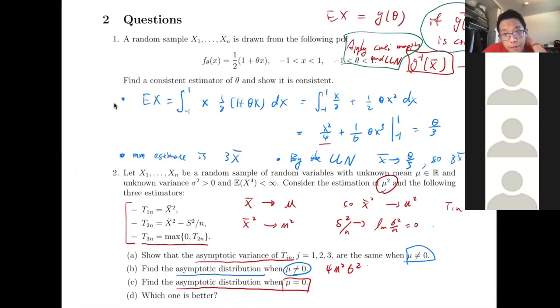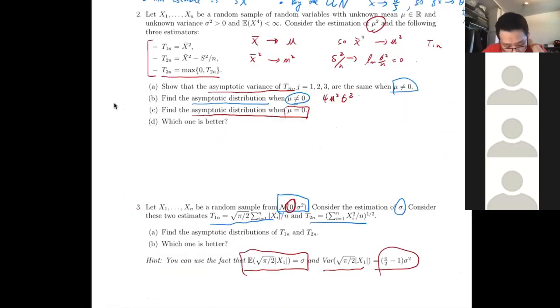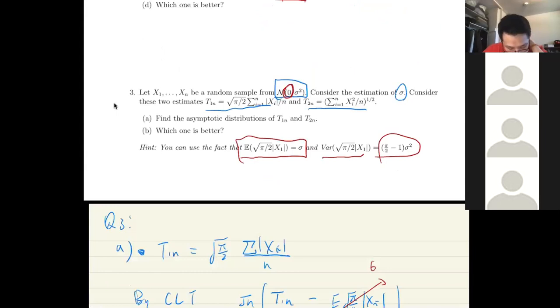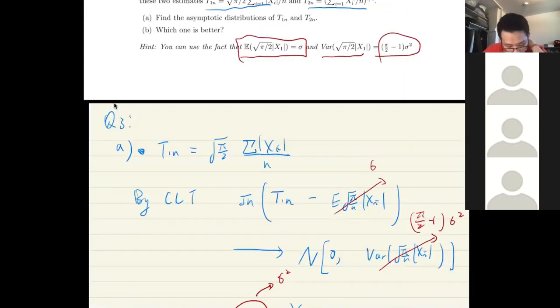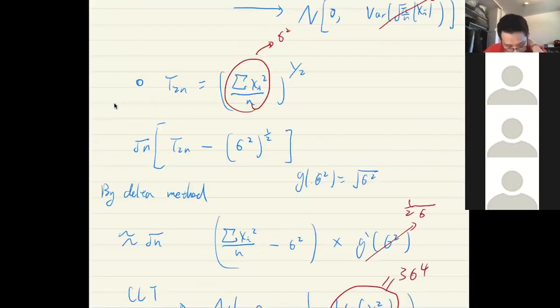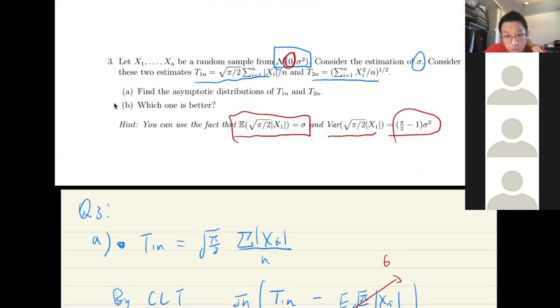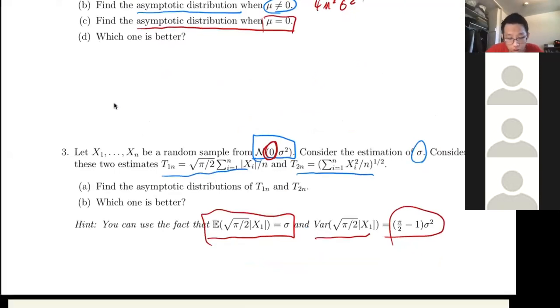Maybe in question 3, I don't know if there's any problem or typo with the 2 and the n in the denominator in the solution.